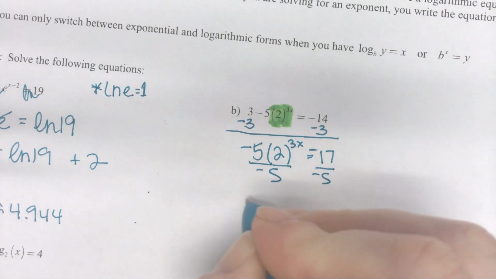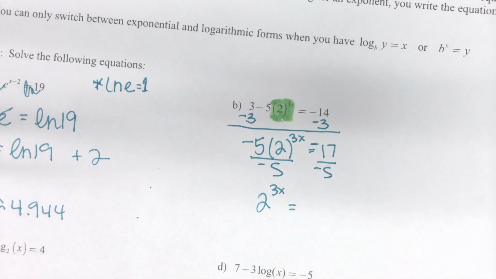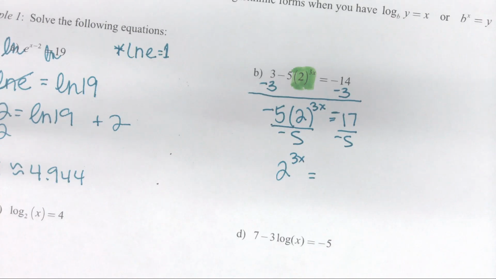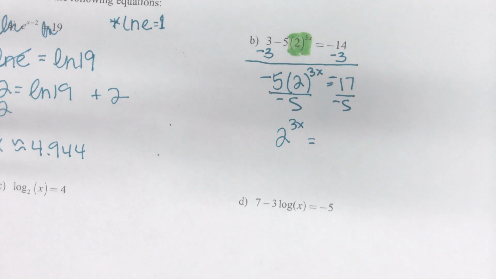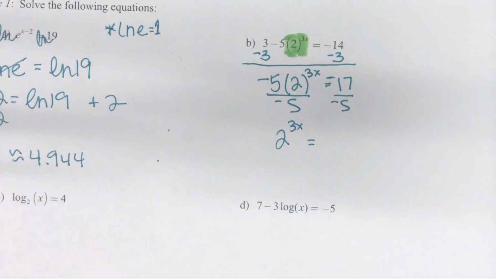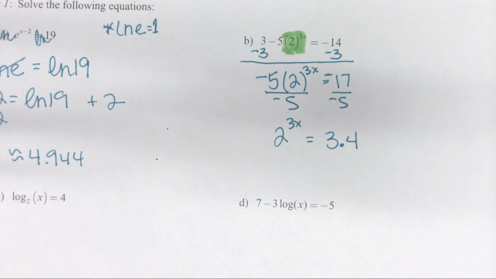So now I have 2 to the 3x equals, and then negative 17 over negative 5 would be positive, and it is a nice decimal, so let's go ahead and write it as a decimal. What do we got? 3.4. Okay, now I can bring the x down. At this point, it's not a base e, so you could use common log or natural log.